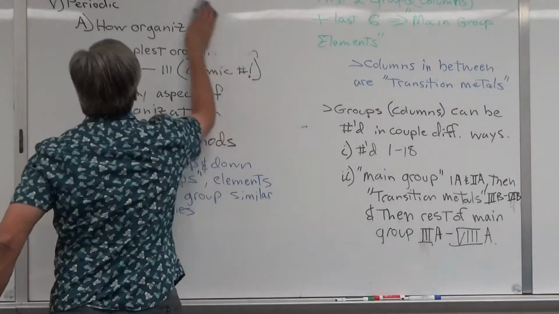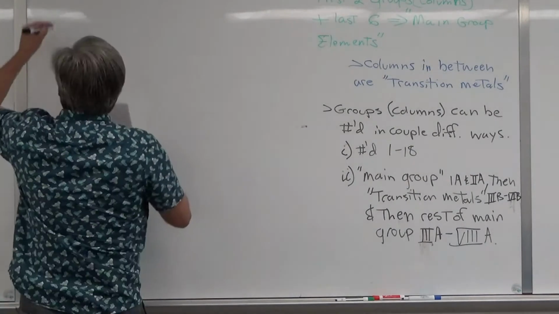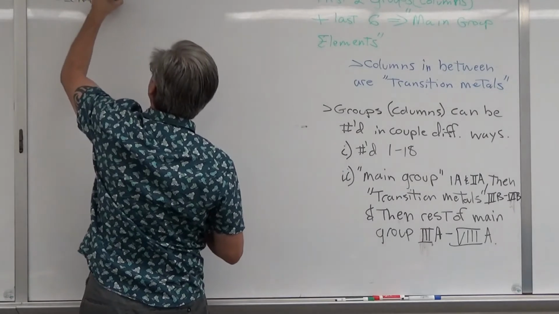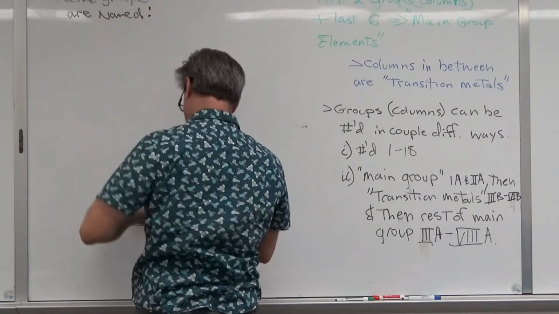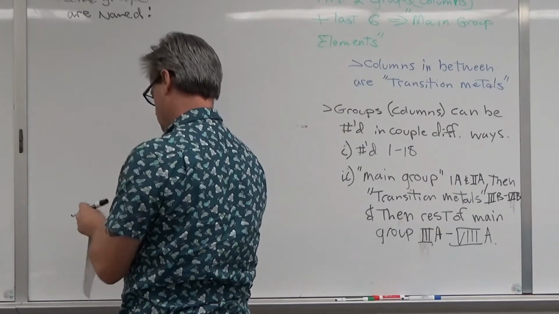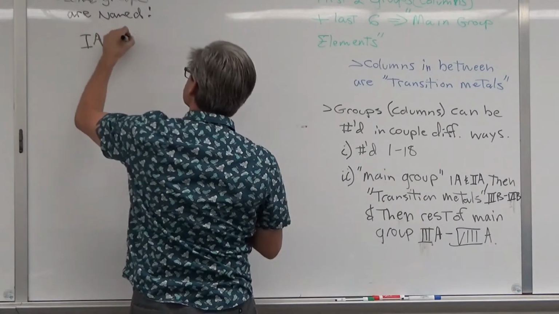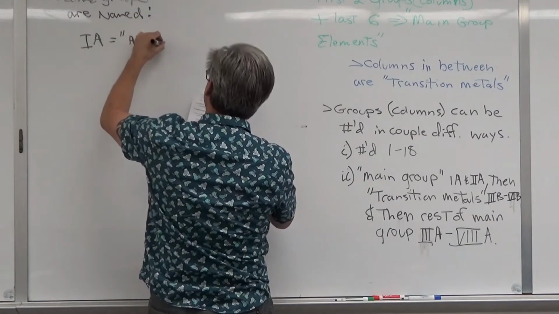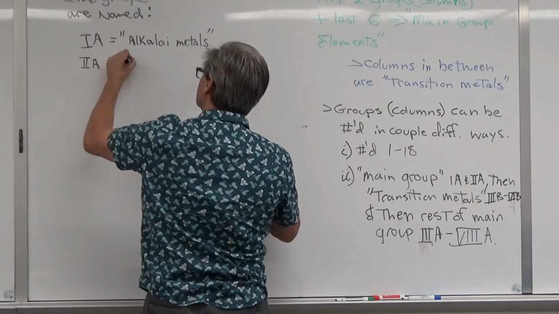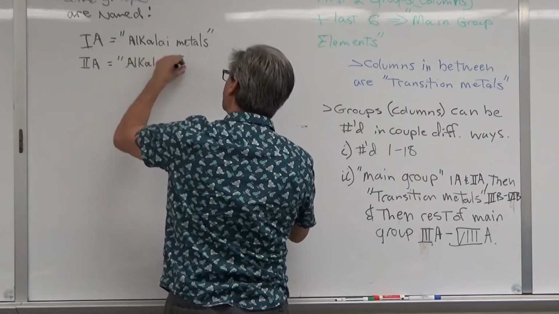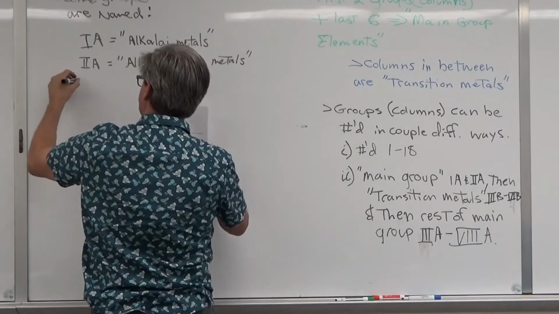All right. And then some groups, as I mentioned earlier, have names for that group. 1A is the alkali metals. 2A is the alkali earth metals. 7A is the halogens.